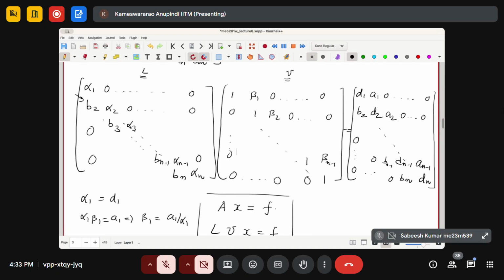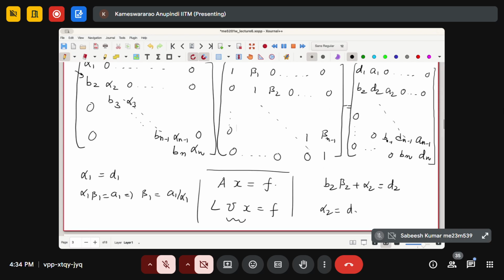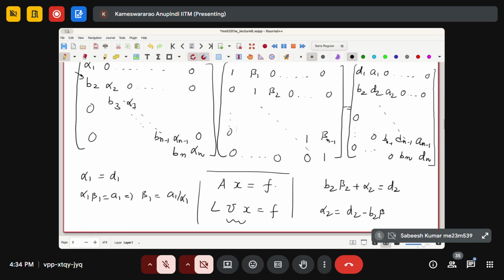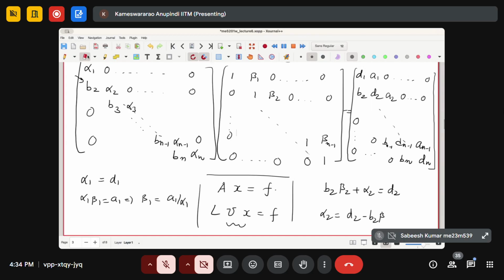Okay. Similarly, if I multiply the second row with the first column, that's going to give me B2 equals B2, right? That is straightforward. Now for the second row with the second column, it is going to give me B2 times beta 1 plus alpha 2 equals D2, right?